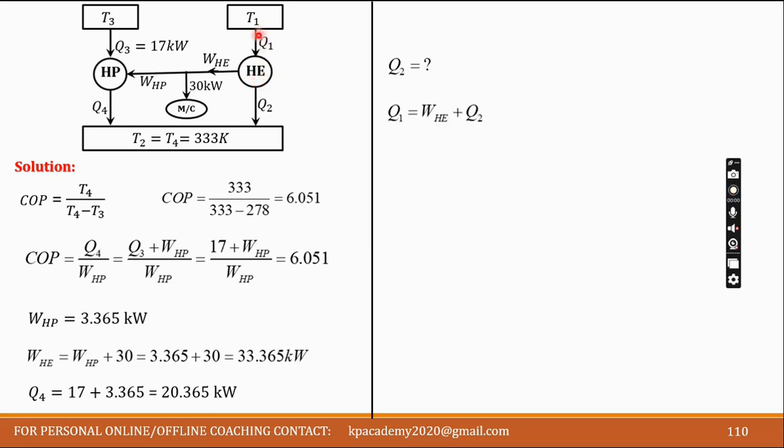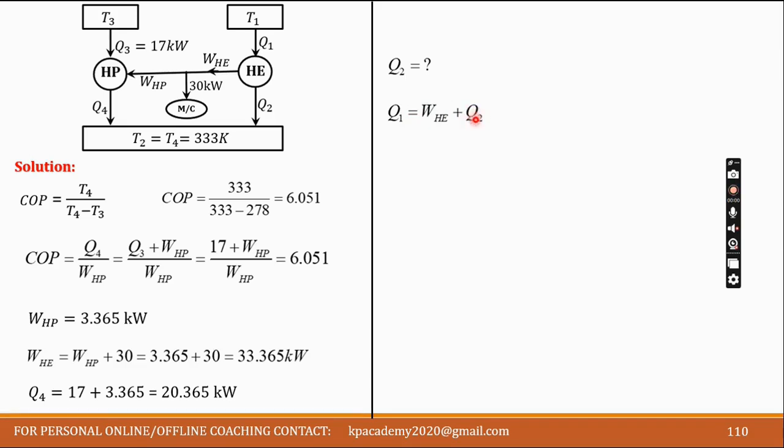Q1, the heat supplied to the heat engine, is equal to the work output given by the engine plus Q2 rejected to the sink by the heat engine, right? Now in this case we need to find out this Q2.